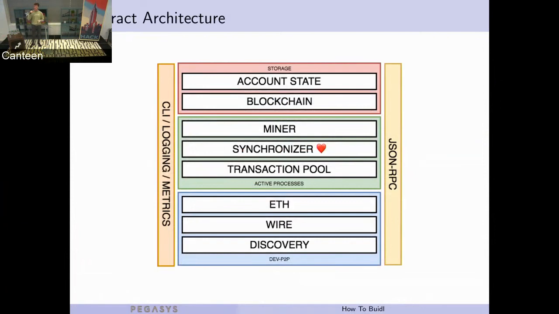Then on this one, we also put the devP2P on the bottom, because in one sense, you can think of this as what's underlying the running of the clients, and the storage on the top. In addition, these components are not so cleanly separated as here. This is kind of idealistic.